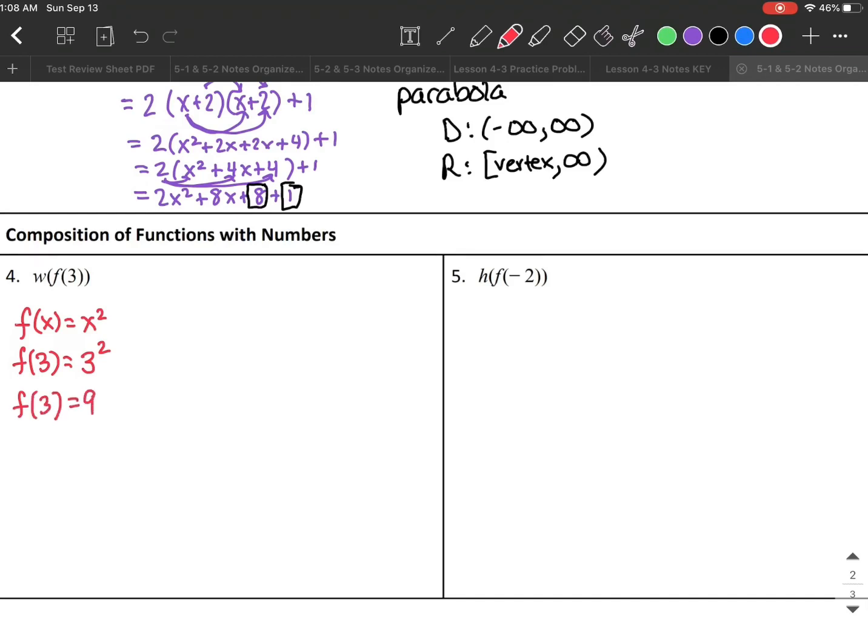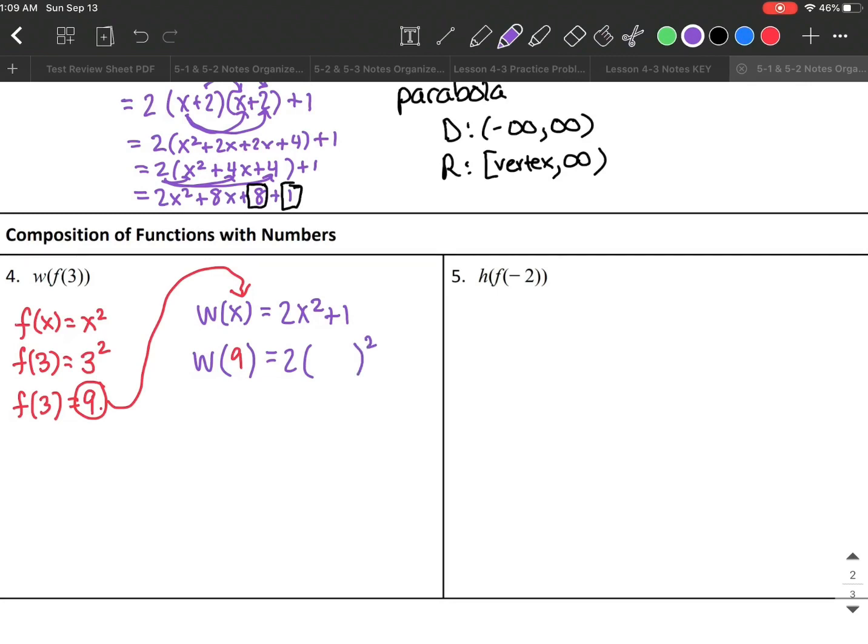f of 3 is 9, and I want to plug that into w of x, and I know w of x is 2x squared plus 1. So instead of plugging in x, I want to plug in this 9. I want to plug in 9 into that function. So I have w of 9 is equal to 2 times 9 squared plus 1.